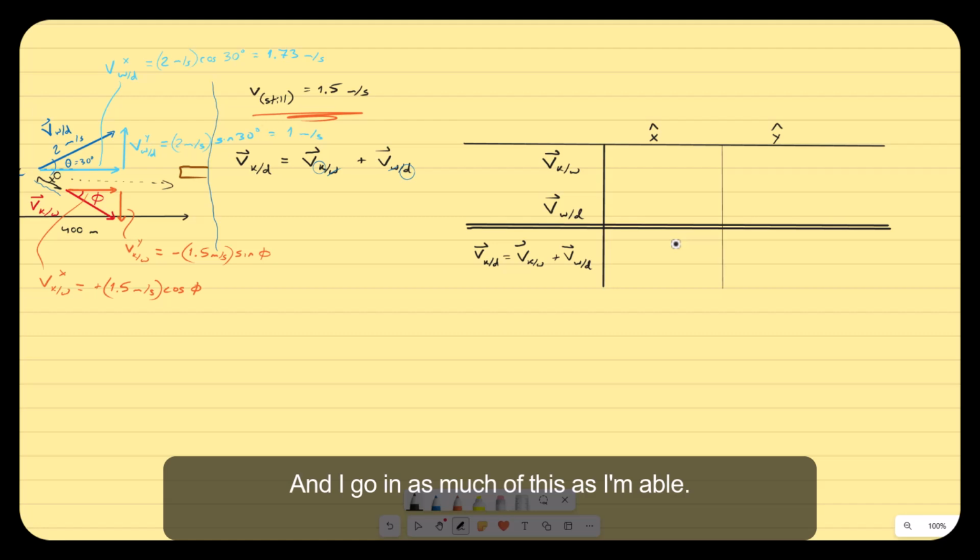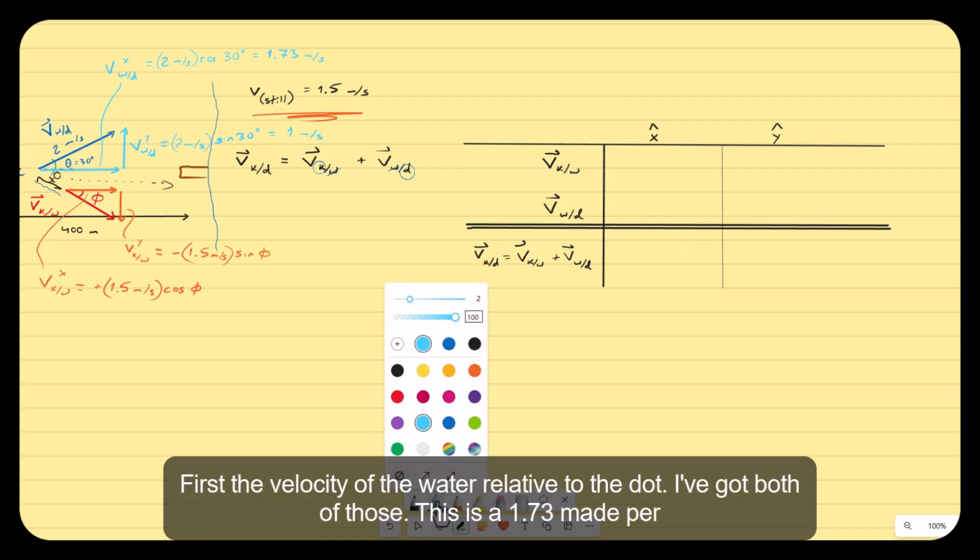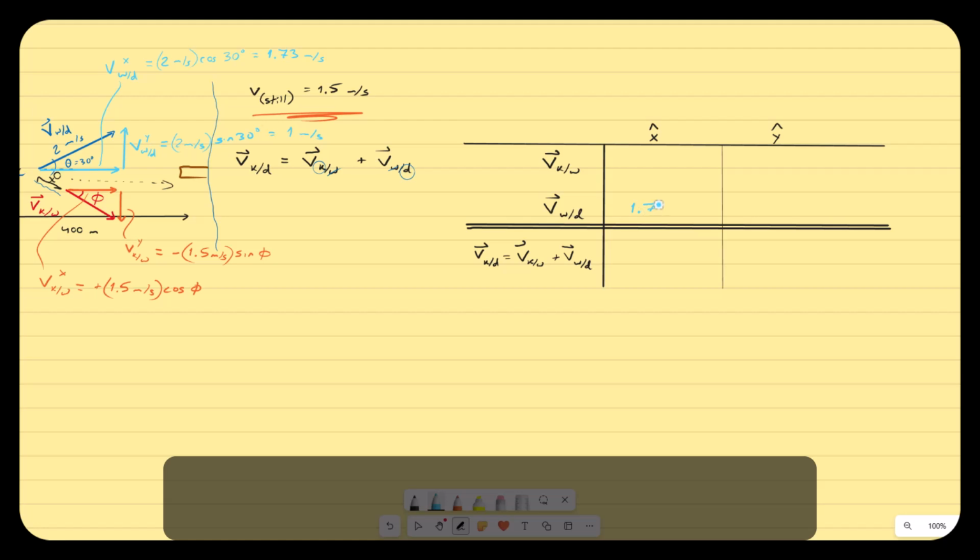And I can put in as much of this as I'm able. First, the velocity of the water relative to the dock. I've got both of those. This is a 1.73 meters per second. This is a 1 meter per second.